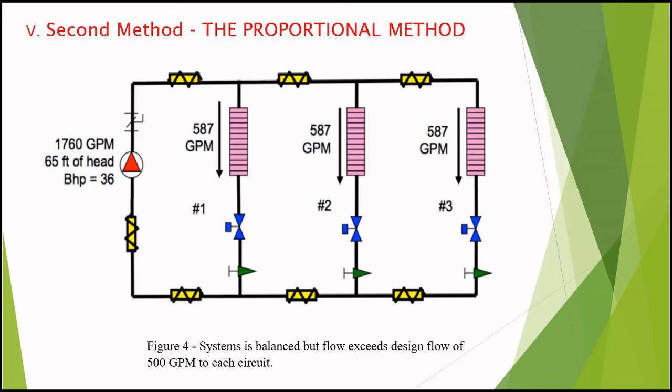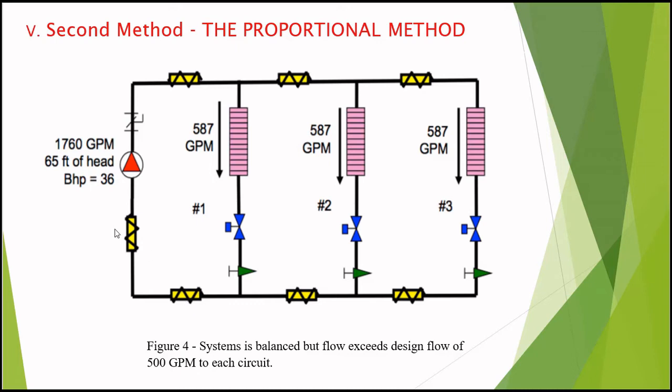We can do that by throttling the valve here. There is a valve for the circuit here. We can do this throttling in this valve so the flow is distributed to 500, 500, 500, a total of 1500 in the valve. So what will happen?